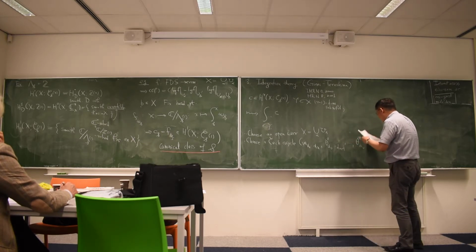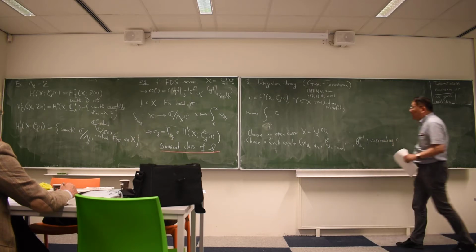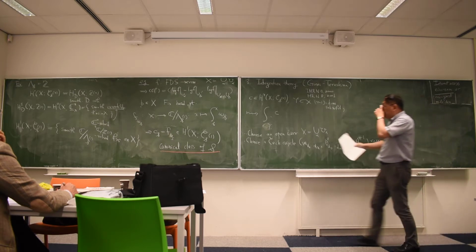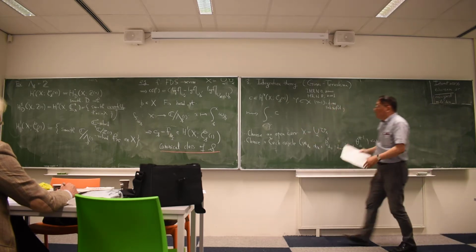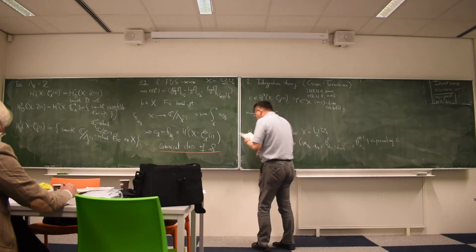This is a zero form representing C. We use a Čech description of this cohomology, and we choose.